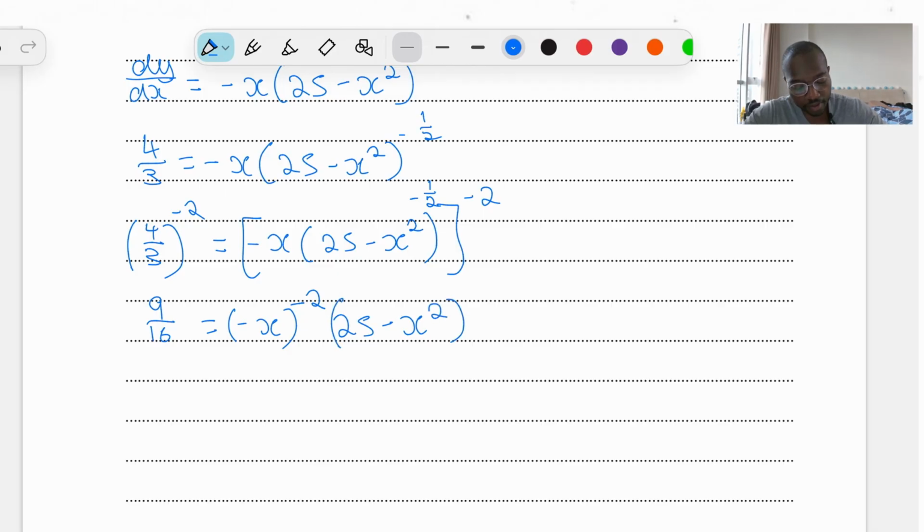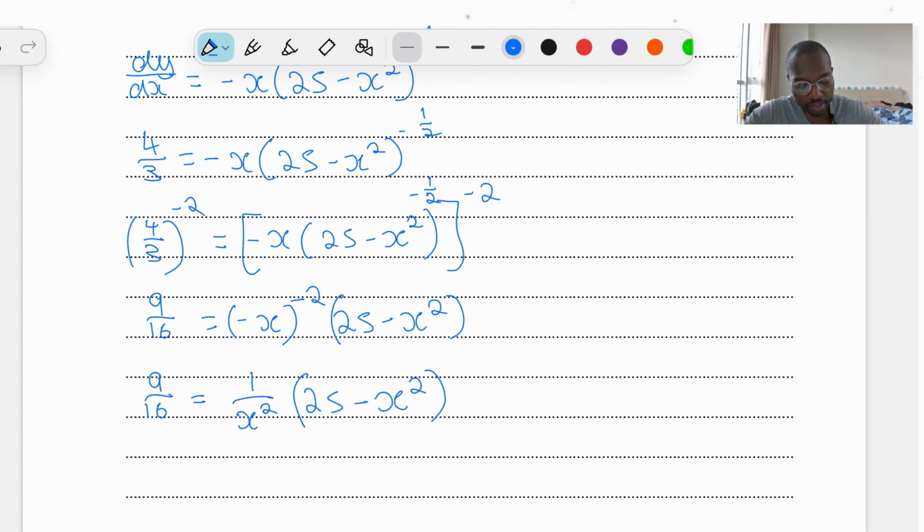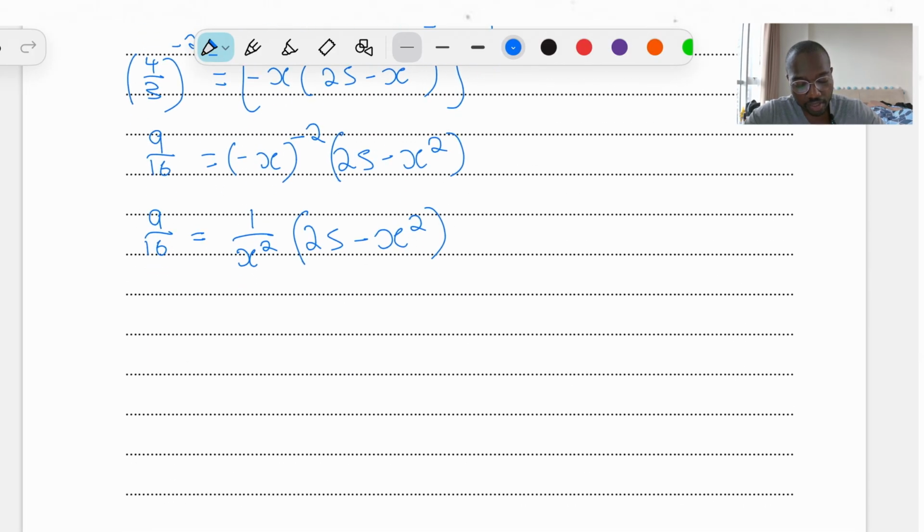So therefore we'd have 9 over 16 equals minus 1 over x times another minus 1 over x. So effectively, if you think about it, we'd end up getting a positive 1 over x squared, and then that'll be times 25 minus x squared. So at this stage, what we can do is get rid of these fractions.